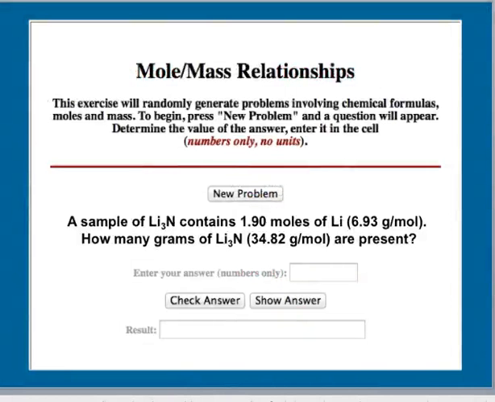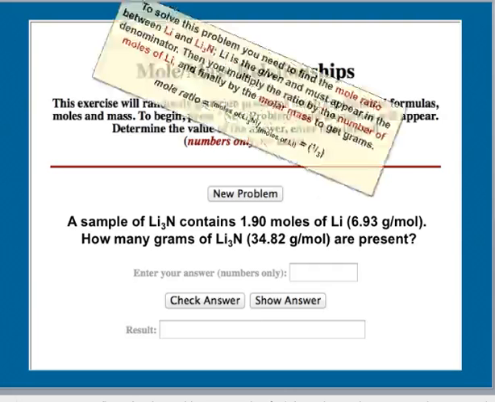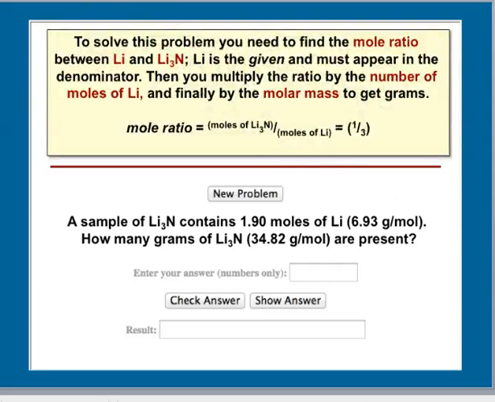Every mole of lithium nitride has 3 lithiums. So our ratio is 3 to 1. We are given moles of lithium, so we have to set that ratio up with lithium in our denominator. So our ratio is going to be 1 divided by 3.